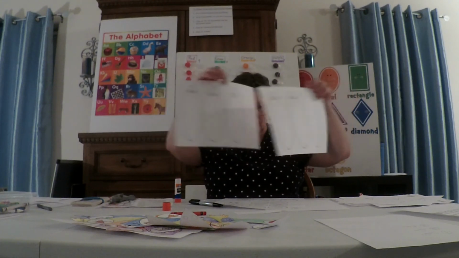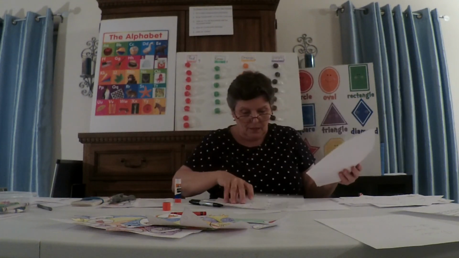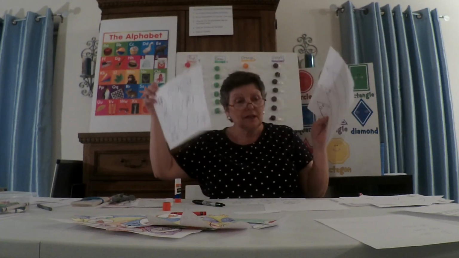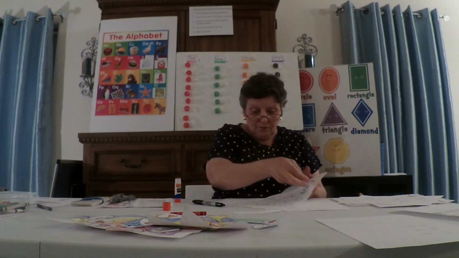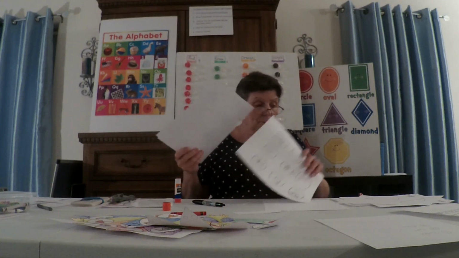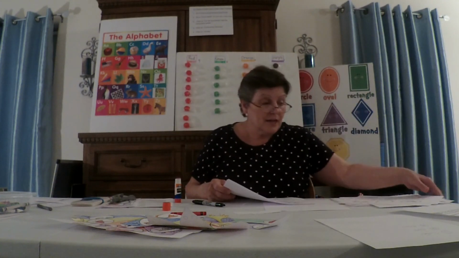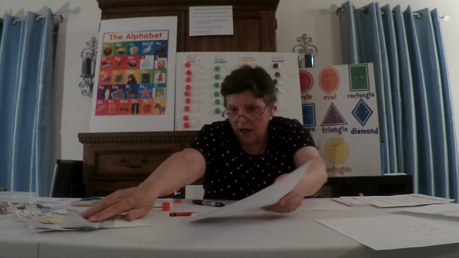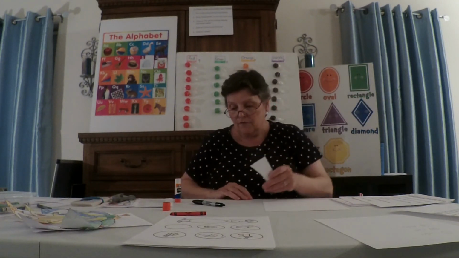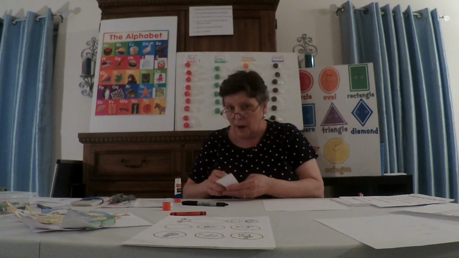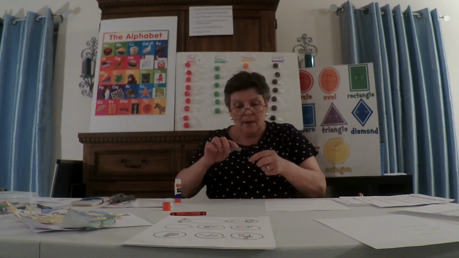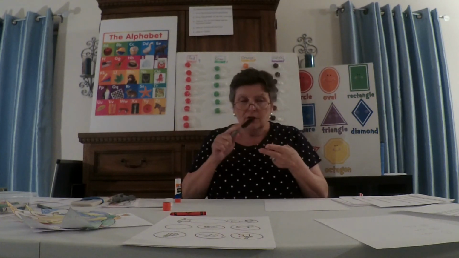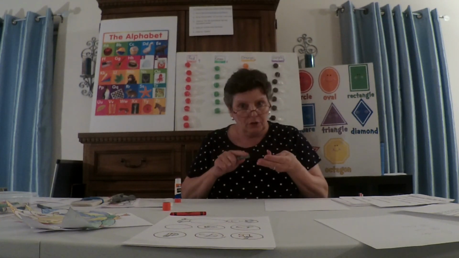Then once those are cut out, color, cut, and then glue. Okay? So if you have a printer, that's great. If you don't, you can still do this project. You'll just have some prep work for your grown-up to help you with. And remember, once you get everything drawn, you color, you cut, and then you glue.